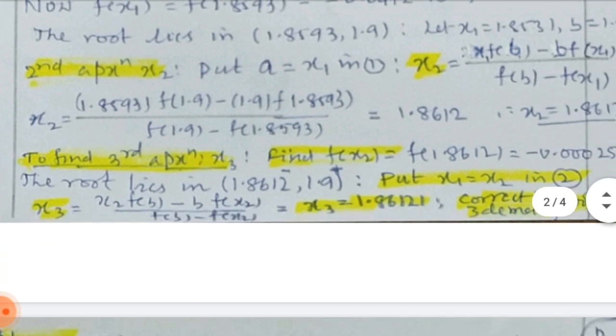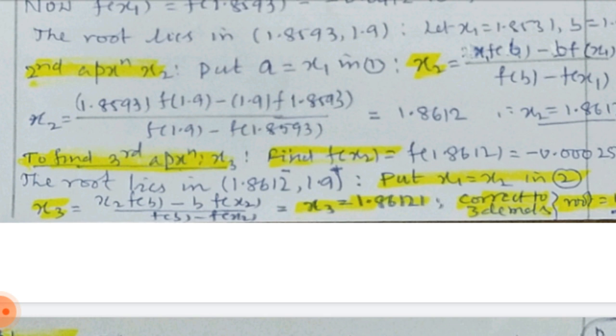So to find the third approximation, we need to find f of x2 is equal to f of 1.8612. Again it is negative, minus 0.00025. It is less than 0. And f of 1.8612 is negative and f of 1.9 is positive.